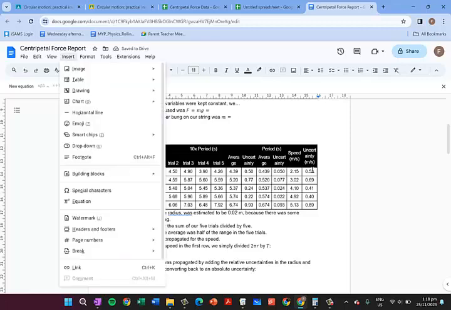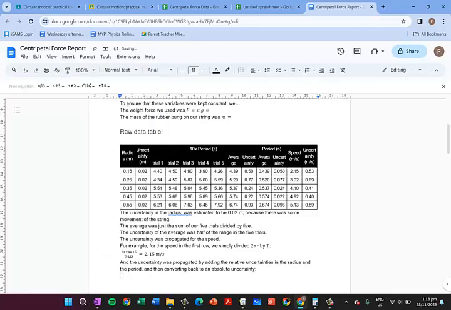So I'll go insert equation, and then I will take the relative uncertainty. So that was frac 0.02 over 0.15 plus, and then we had the relative uncertainty in the period, so that was 0.050 over 0.439, and then we'll put brackets around that.